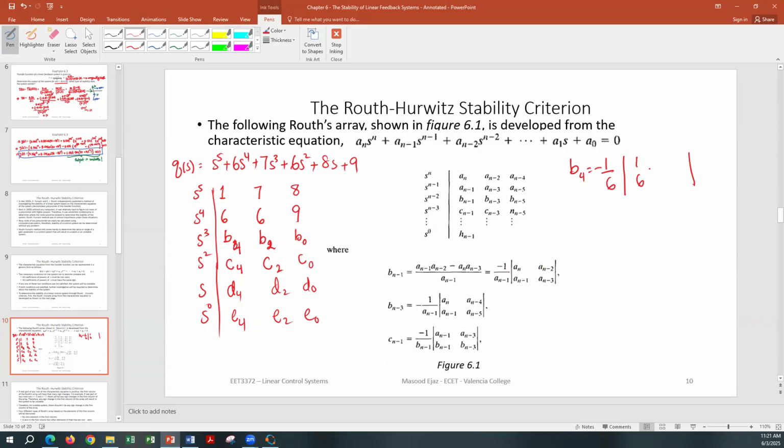So 7 and 6. So that's going to give us what? 1 times 6 is 6, 7 times 6 is 42, right? Divided by negative 6. So 42 minus 6 over 6. What is 42 minus 6? 36, right? So 36 over 6 or 6. So B4 is going to be 6.